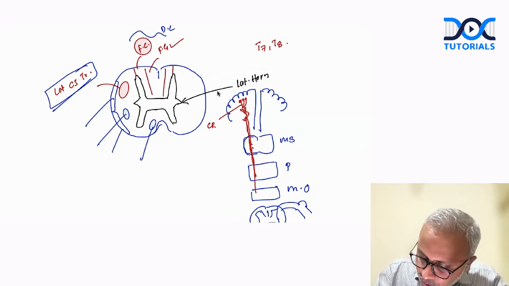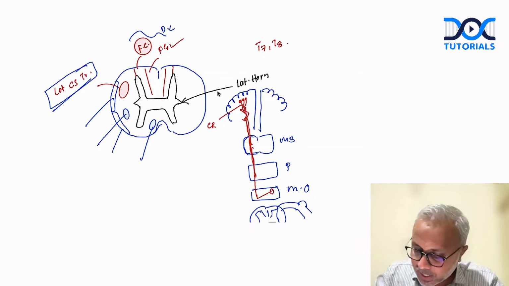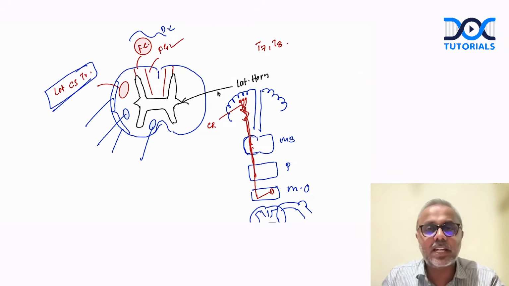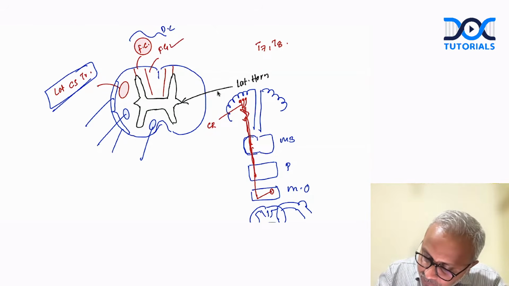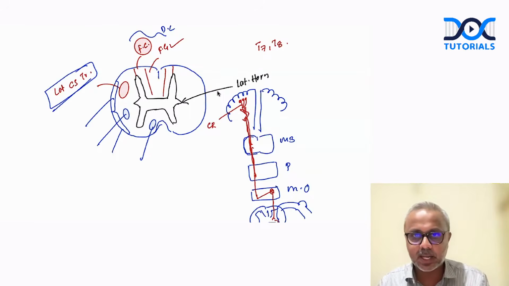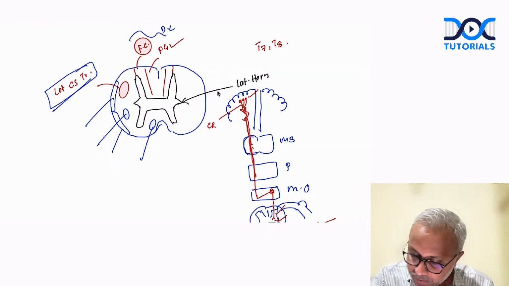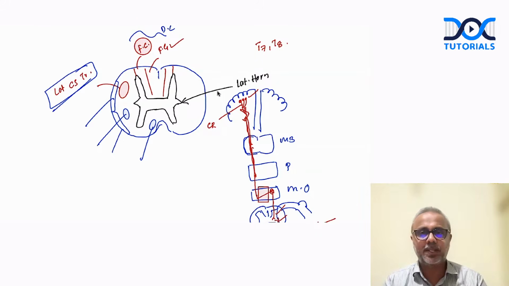Then it descends onto the medulla, where it crosses to the opposite side, forming the lateral corticospinal tract. Okay. This further descends down into the spinal cord, and from the anterior gray horn, we have the beginning of the lower motor neurons, which will supply the target organs. This is in simple your corticospinal tract. So you should remember where the upper motor neurons begin, where they end, where the lower motor neurons begin, where they end, and where this crossing over is occurring.